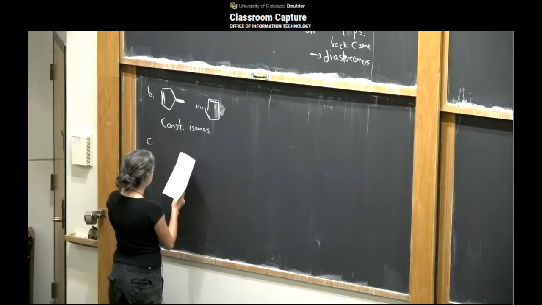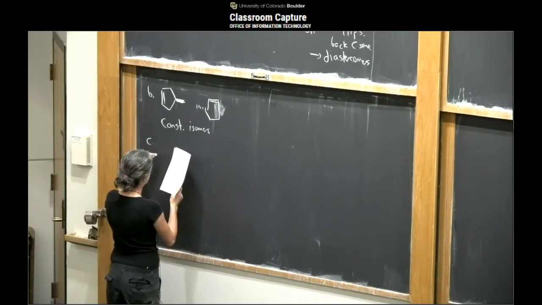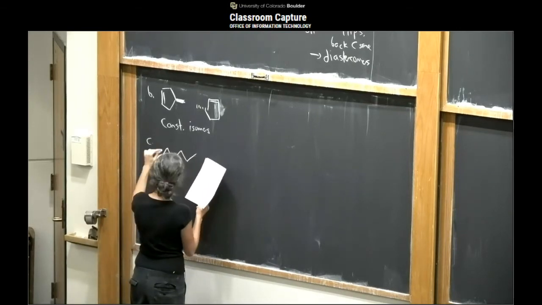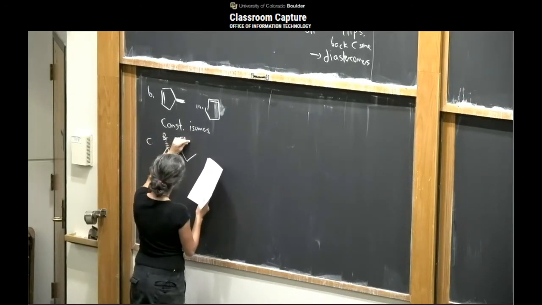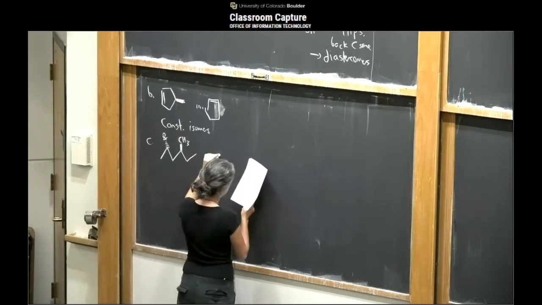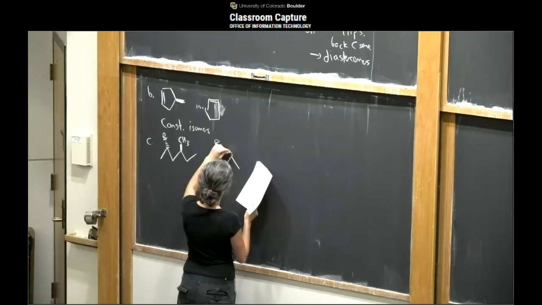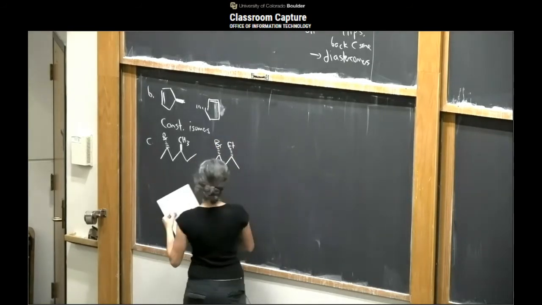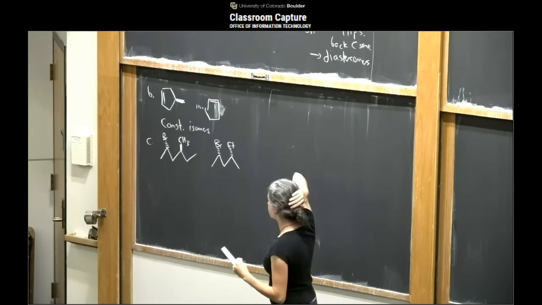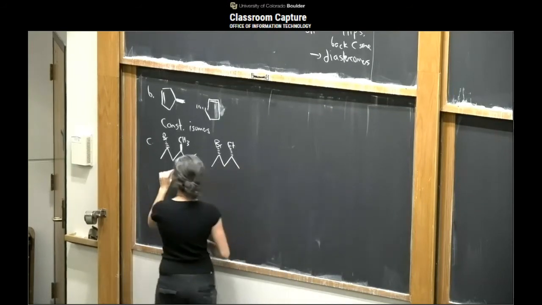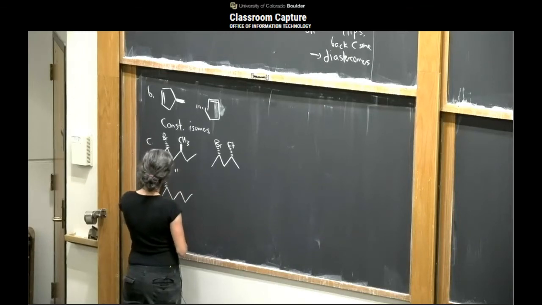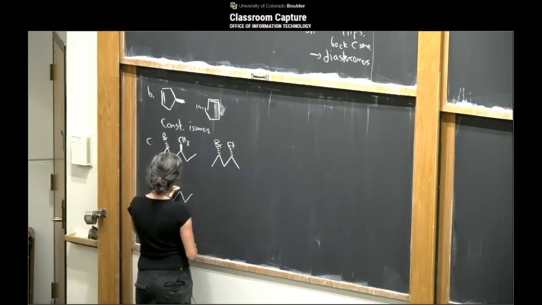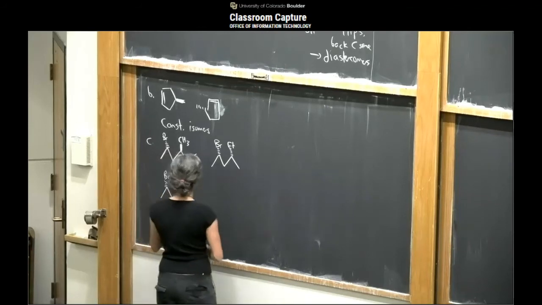All right, so C I think was the trickiest one because I got deliberately fancy with how to draw it. This one definitely helps to redraw, if you redraw everything in zigzag format.